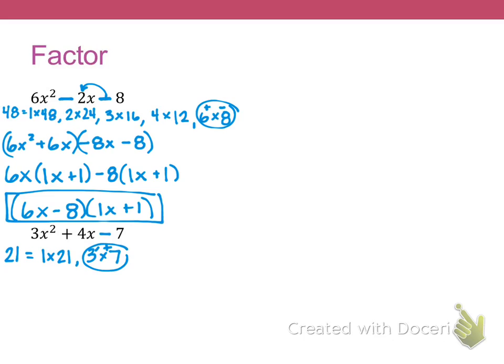Okay? Now, let's write what my problem is going to be. Brandon, tell me. How would I write it? 3x squared. It's 1x. No. Yeah, 1. No. Somebody help him out.